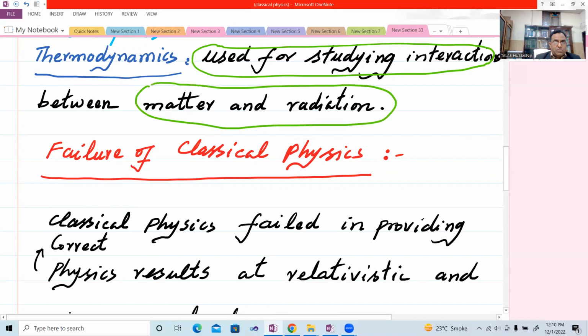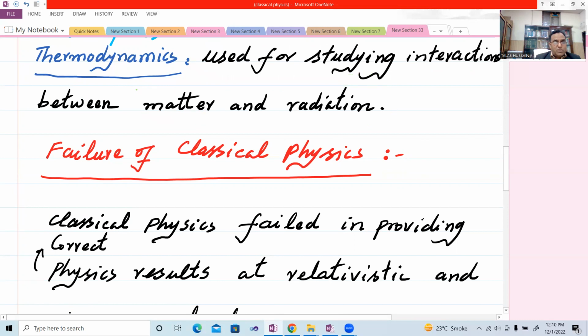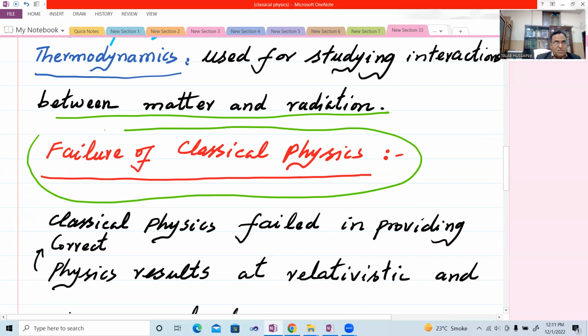We already know that thermodynamics is actually about heat flow, and so generally it is said to be used for studying the interaction between matter and radiation. And then comes the failure of mainly the three branches of classical physics.